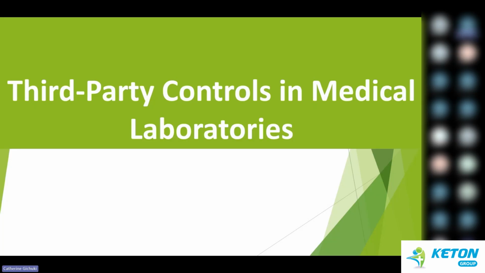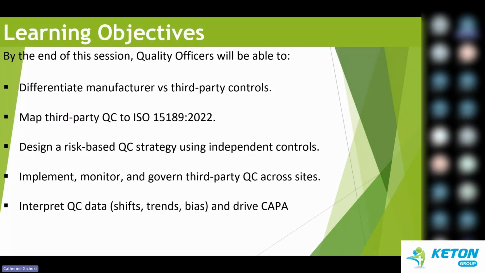So what are our objectives, or what do we want to gain at the end of this presentation? We want to be able to differentiate between manufacturer and third-party controls. We want to be able to map third-party QCs to the standard that we're currently using, which is the ISO 15189 2022 version.